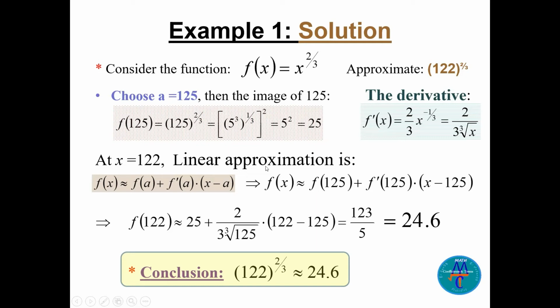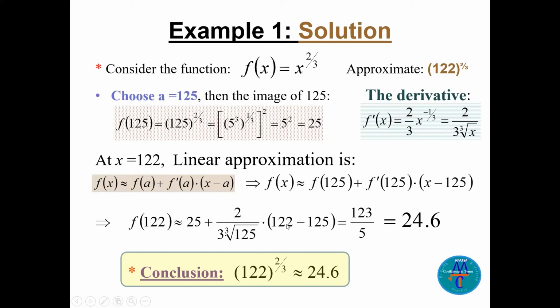122, the linear approximation is the formula f(x) ≈ f(a) + f'(a)(x − a). Now, f(122) will be f(125), which we have found, 25, plus f'(125). Replace 125 in f': it will be 2 over 3 times the cube root of 125, times (x − a).